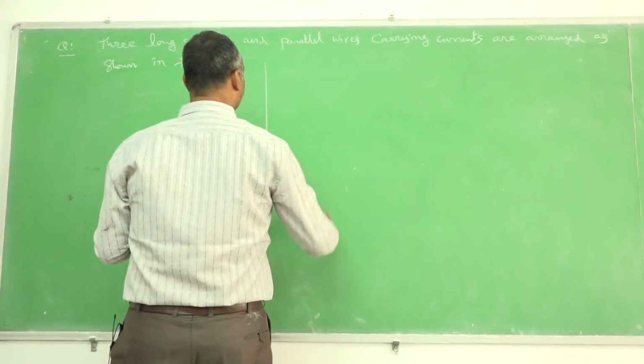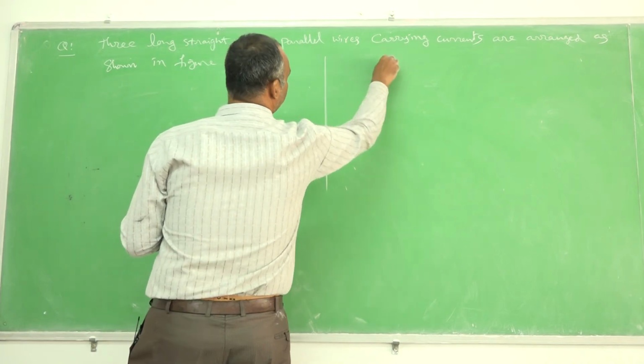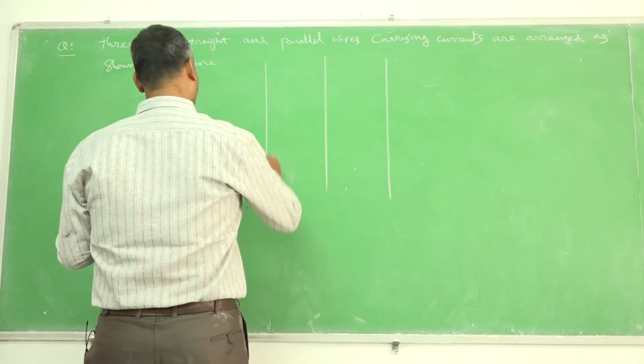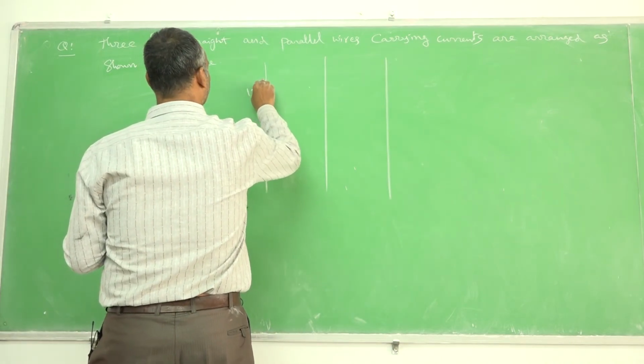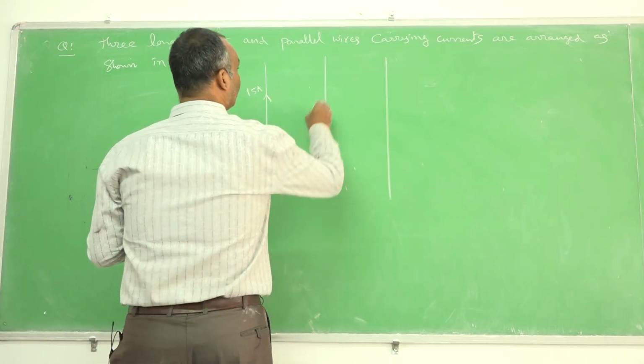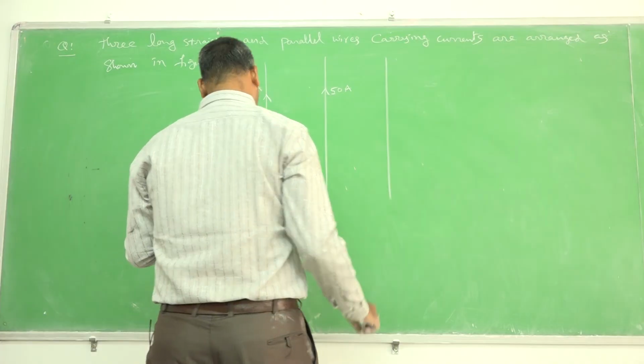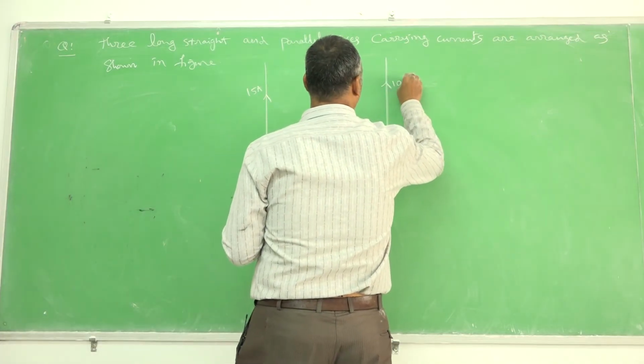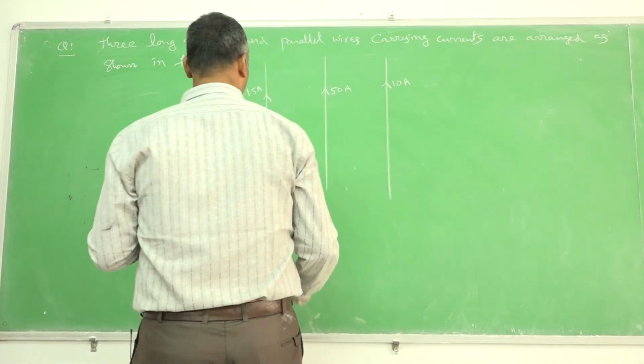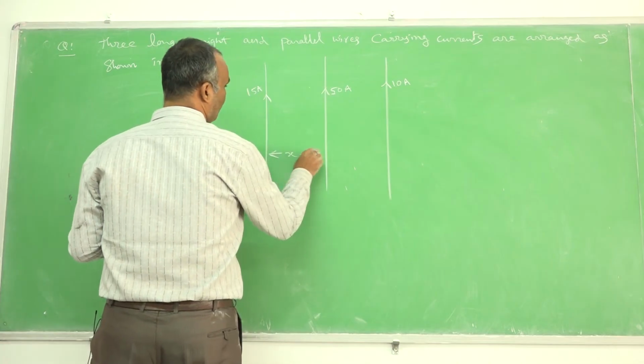There are 3 wires. The first wire is carrying 15 amperes. The second wire is carrying 50 amperes. The third wire is carrying only 10 amperes. The separation between the first 2 wires is x.